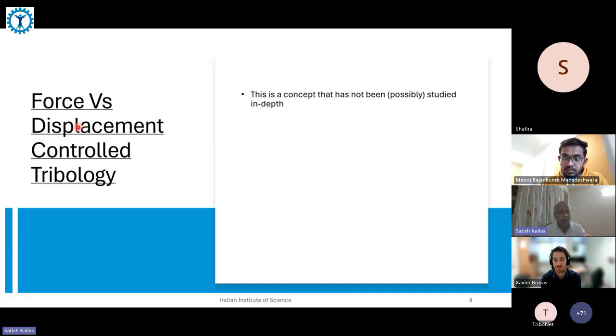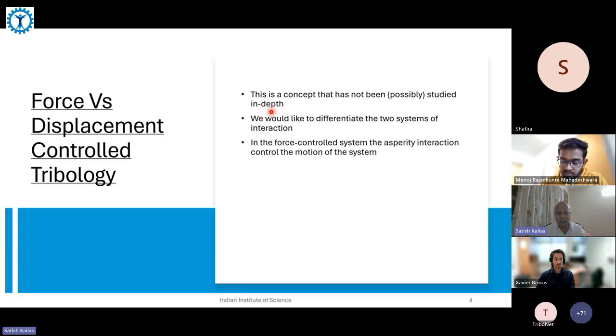Now, what I would like to introduce at this point of time is what we call force versus displacement control tribology. This is a concept that has not been studied in depth, possibly because as we try to search for literature, not much of it is available on this. And we would like to differentiate the two systems of interaction.